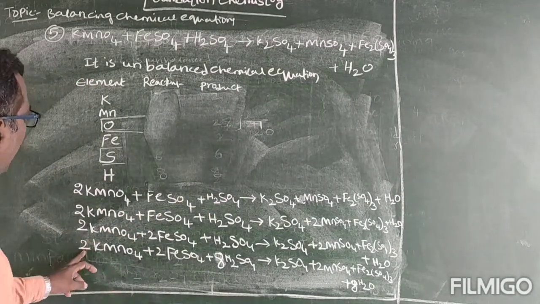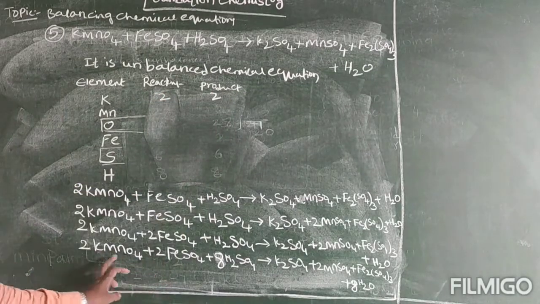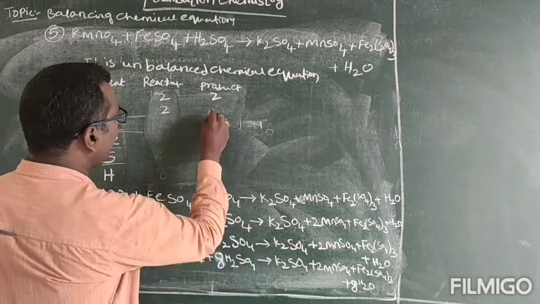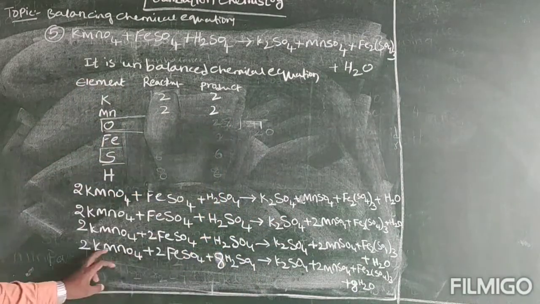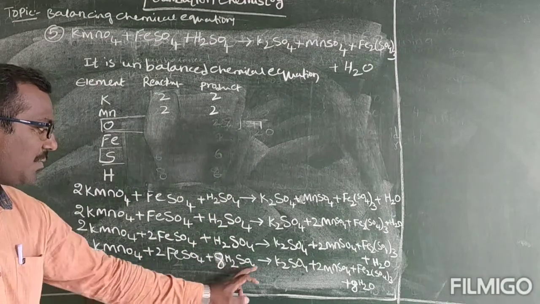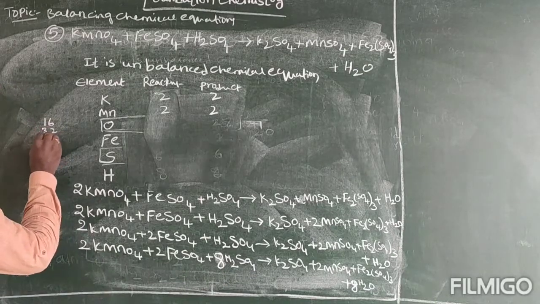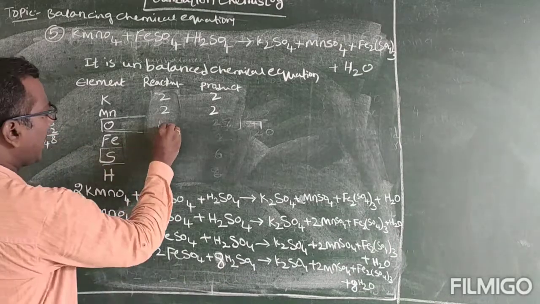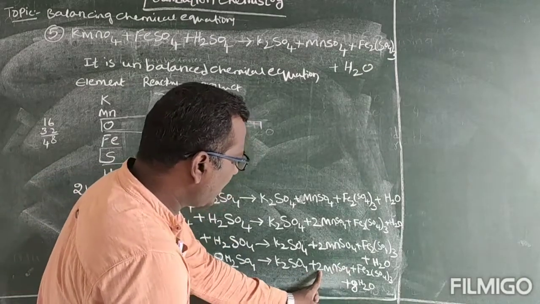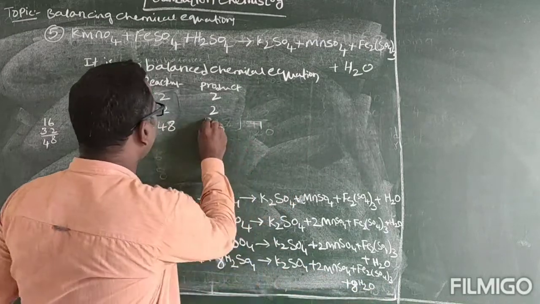Now you make it clear once whether it is going to come or not. We will check it. 2 potassiums, 2 potassiums. Next, manganese are 2, this side and this side also 2. Oxygens, 4 2s are 8, 4 2s are 8, 16. 16 plus 8 4s are 32, 16 plus 32, 48. And here 4 2s are 8, 8 4, 12, 12 24 plus 8, 32.